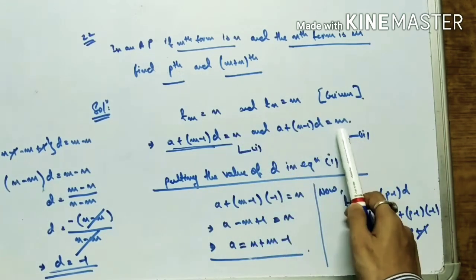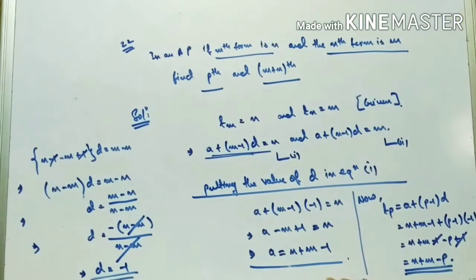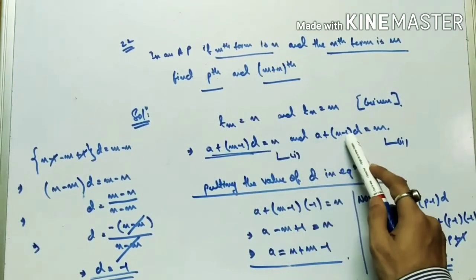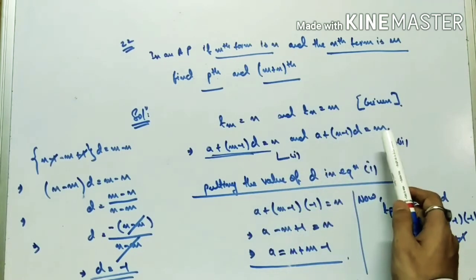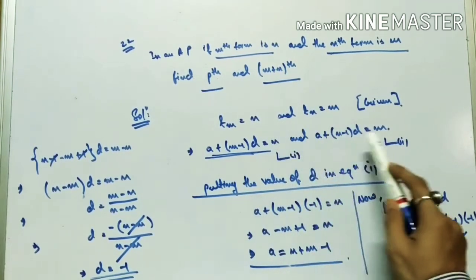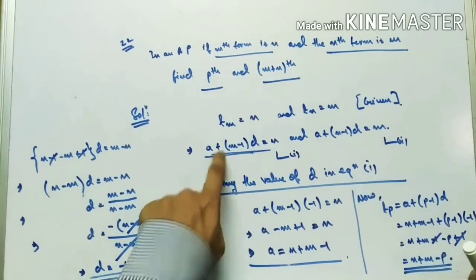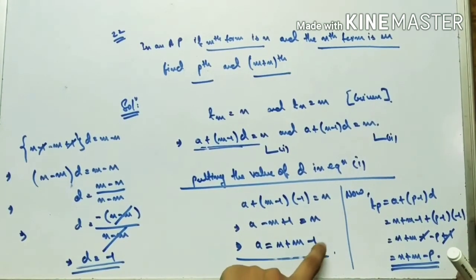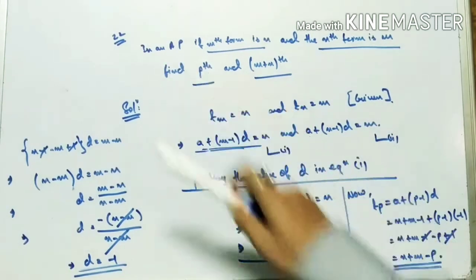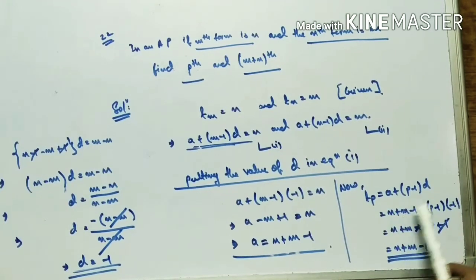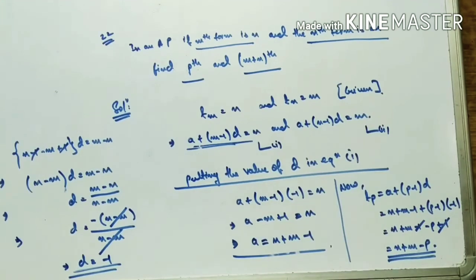This is equation 1, this is equation 2. Doing equation 2 minus 1, I get d is equal to negative 1. Putting d in equation 1, I get a, which is n plus m minus 1. Now the pth term: tp is equal to a plus (p minus 1) into d. Putting in a and d, I get tp is n plus m minus p. So the pth term I got.